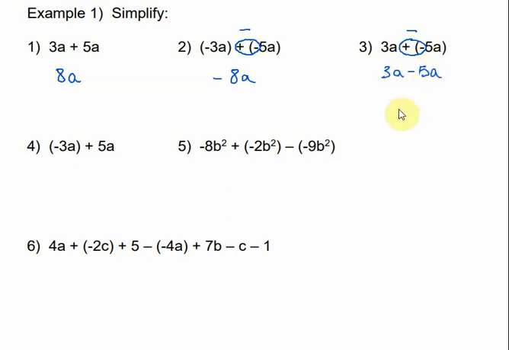Okay, so this time my signs are different, so I'm going to subtract, use the sign of the biggest number, so it's negative 2a. Number 4, we have negative 3a plus 5a. My signs are different, so I subtract, and I get a 2a. My bigger number is positive, so my answer is positive.